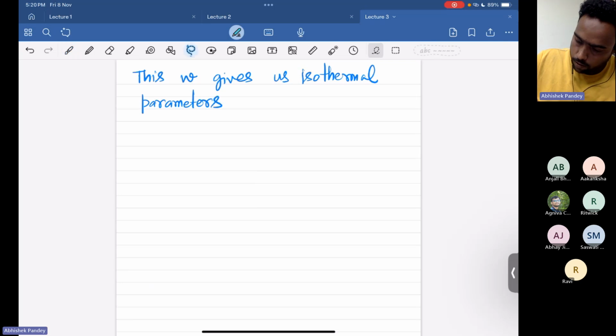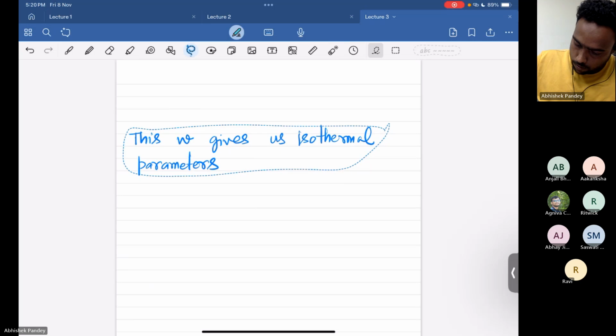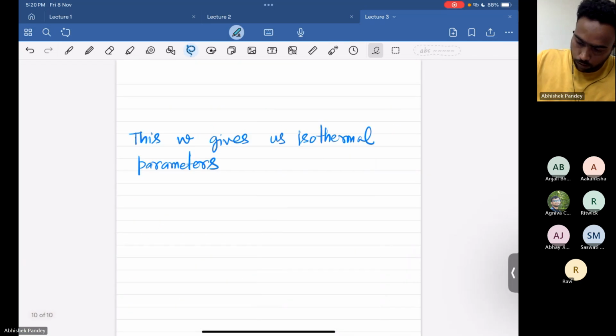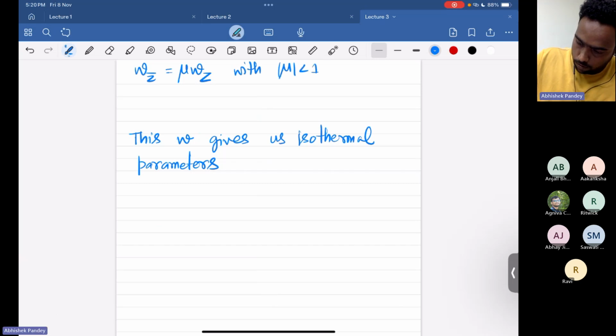Wait a minute, let me explain it here. So wz bar is equal to mu wz with mod mu less than 1. Let's call this the Beltrami equation.